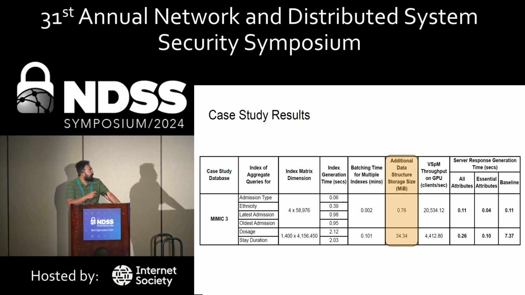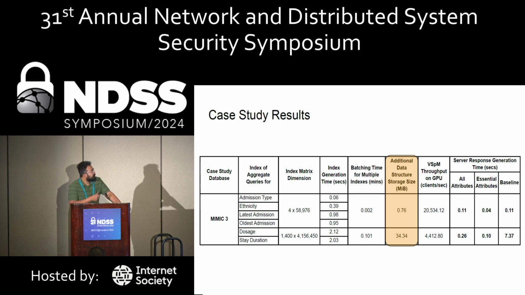And the VSPM throughput on the GPU, which is the next column, is not very important here because it's basically to track whether the sub-step of multiplying the secret shares of the query vectors with the indexes of queries is a bottleneck for our protocol, and we have extensive benchmarking done around this, and we have that reported in the paper in detail as well, if you're more curious about those.